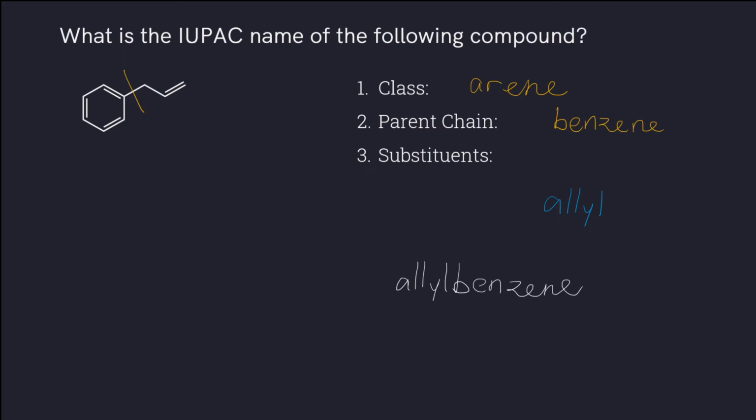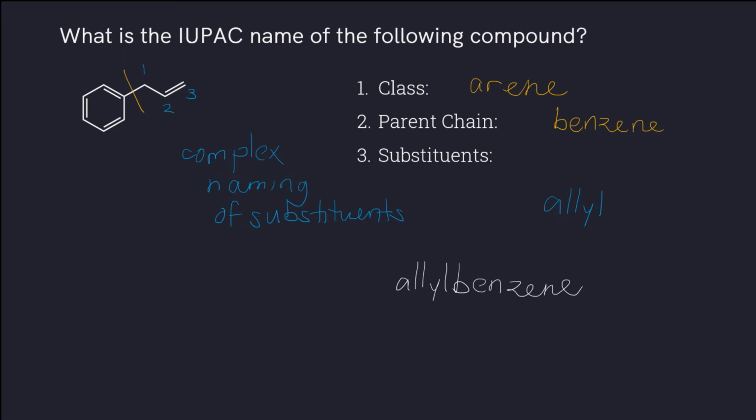We can also name the allyl group in another way. In some textbooks, this is called the complex naming method for substituents. If you can't remember allyl, we can name this using a more systematic approach. We'll treat this substituent as if it were another parent chain, and we number the carbon attached to the parent chain as 1.